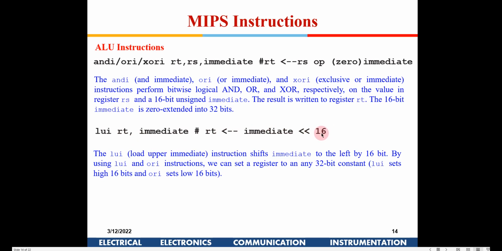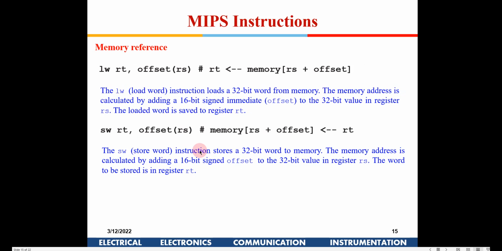If I have to get this 16-bit data into the lower portion, then after loading it into the higher portion, I need to do a shift right operation 16 times, and then it will come to the lower portion. So to get data into the lower portion, you require two instructions: put it into the higher 16 bits, and then move it by 16 bits towards the right.